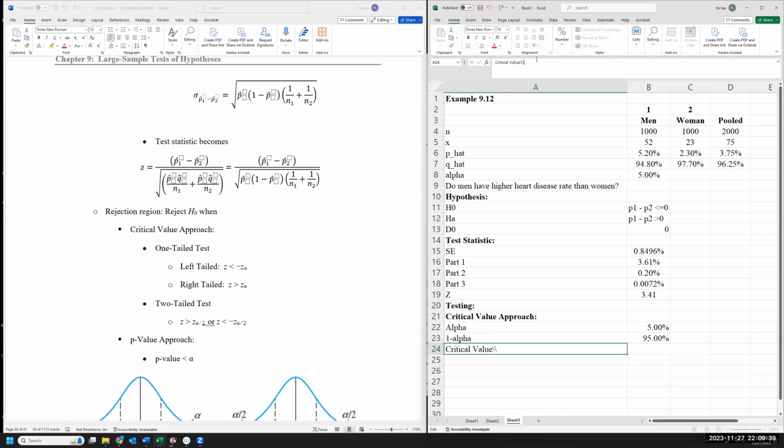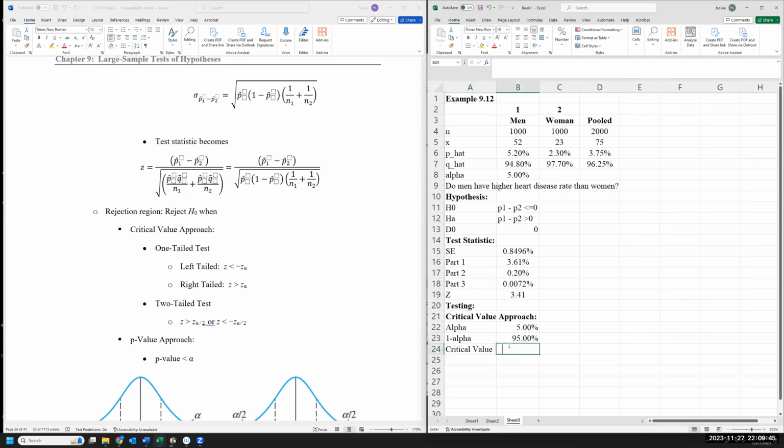The critical value is the cutoff. NORM.S.INV is the cutoff that puts 95% to the left and 5% to the right. Critical value, question mark, test statistic.